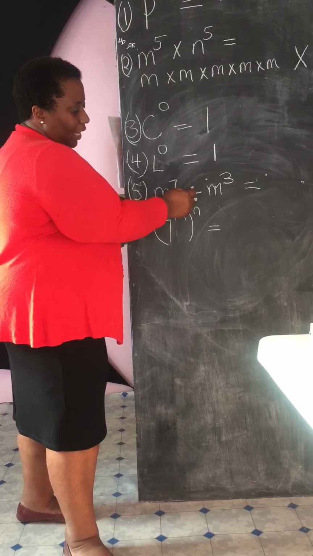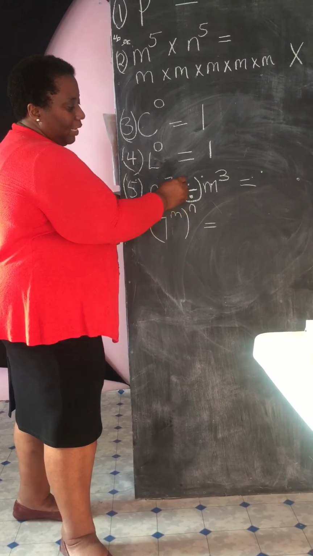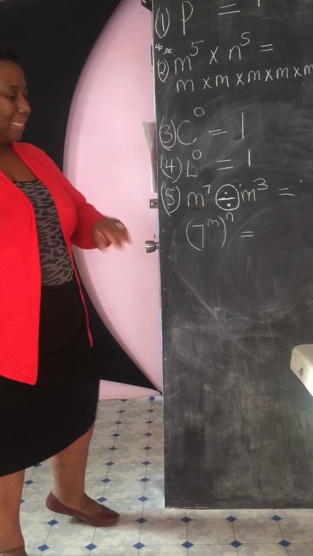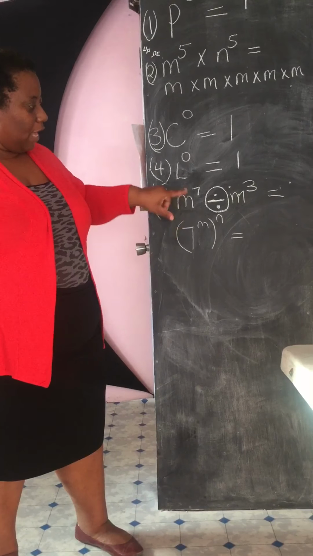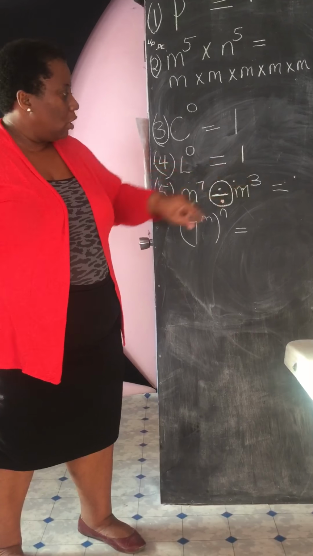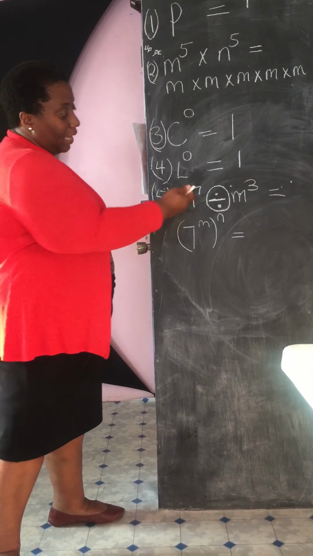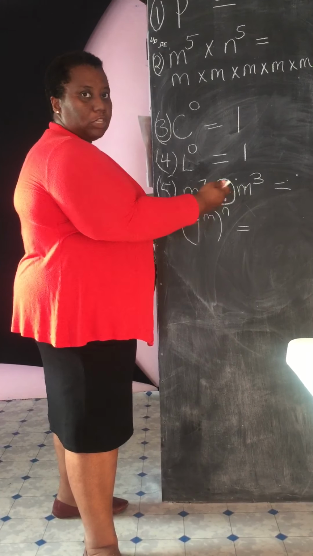Now whenever we are dividing, notice that the division sign is between here. Whenever we are dividing indices, what we look for, the first rule, is that if the bases are the same, then we subtract the powers. So the answer here simply, if you look at it quickly, you can see that 7 minus 3, the answer will be 4. So your answer here would be m to the 4th power.